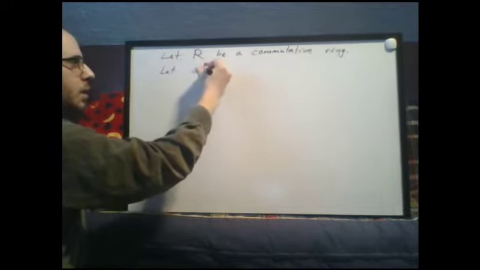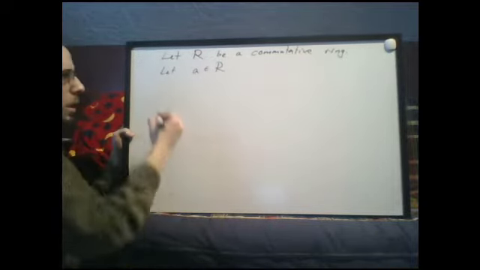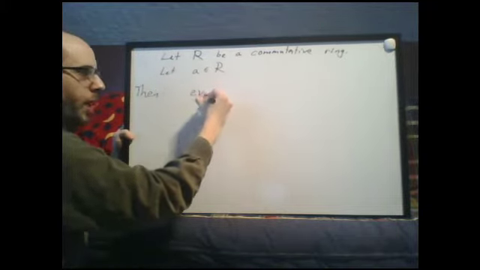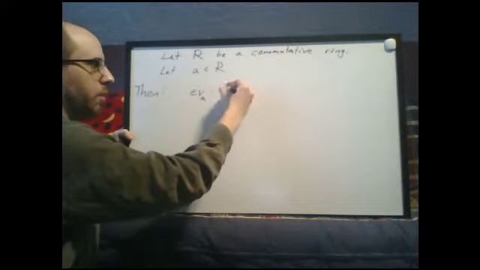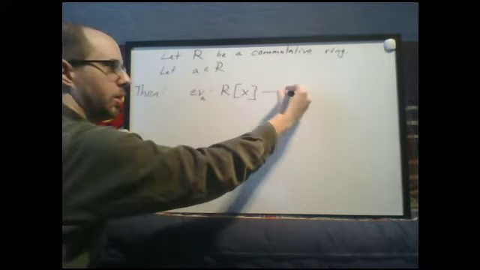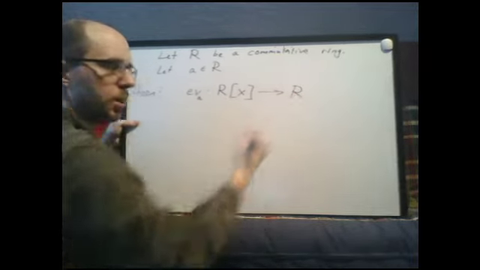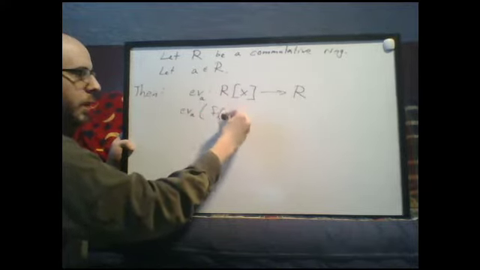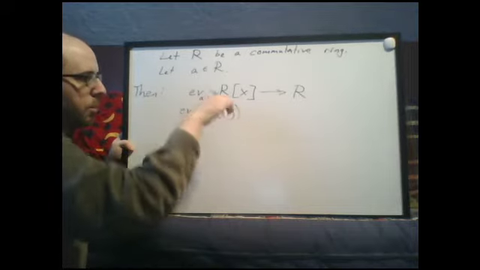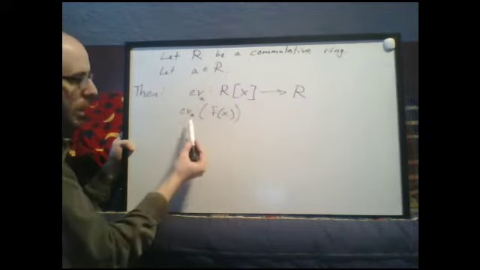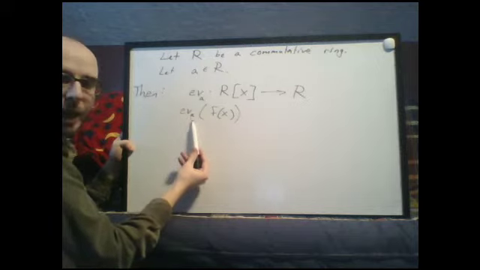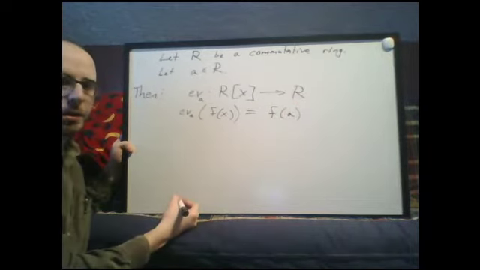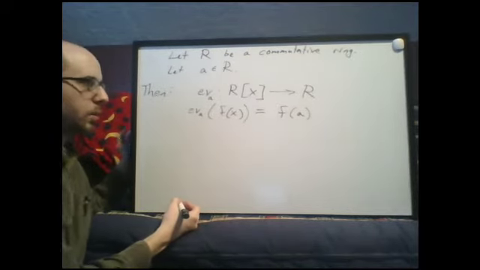And let A be an element of R, then we can define an evaluation function, EV sub A, from the polynomial ring R[x] to the underlying ring R. And so it's just plugging an x value in, taking a polynomial f of x in the polynomial ring and plugging this A in place of x. So that's f of A.